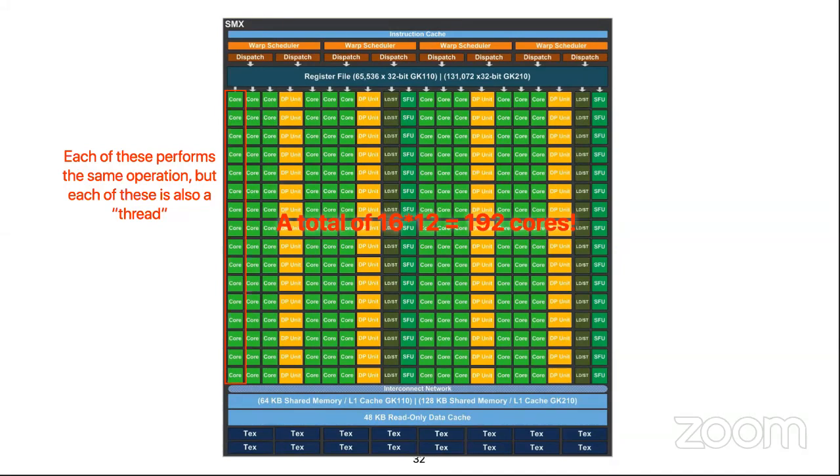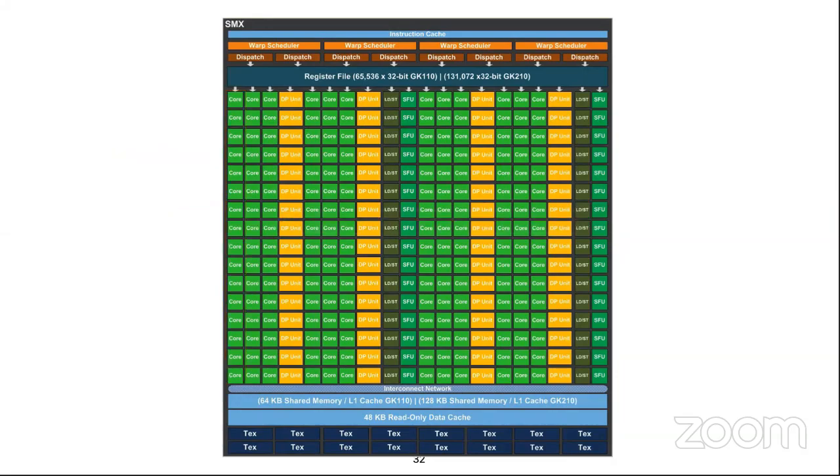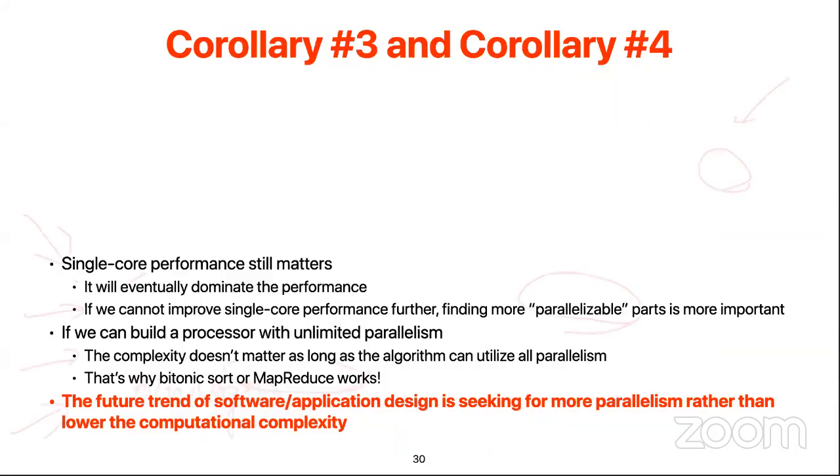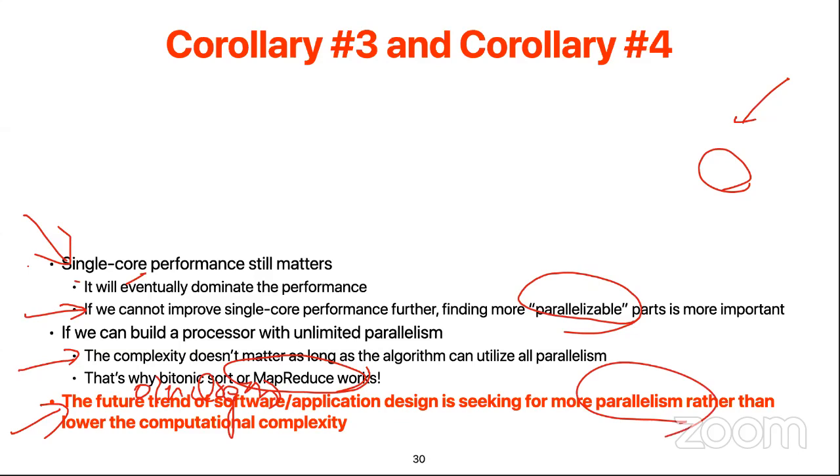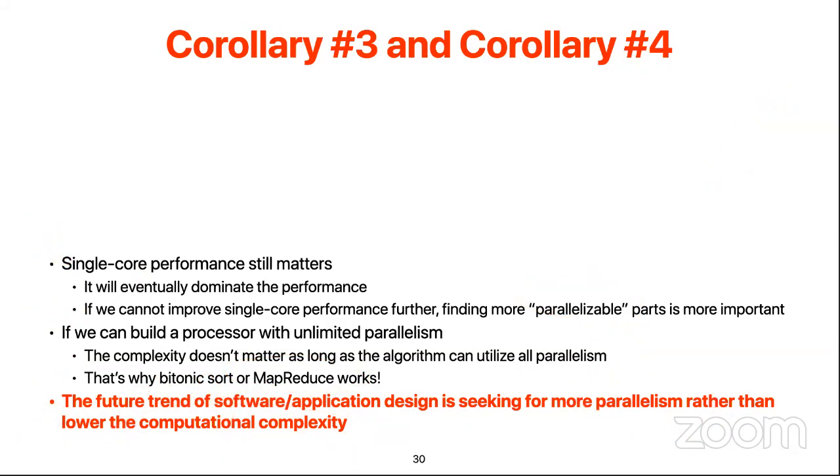That's one thing that I do encourage you to seek when you become a system designer or application designer. The very important takeaway here is that the future is parallel. So don't be too stuck on your computational complexity. If you are seeking performance, parallelism is more important than complexity.